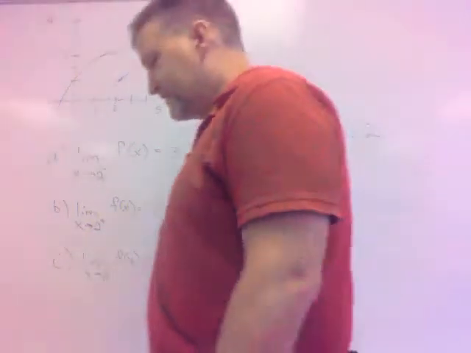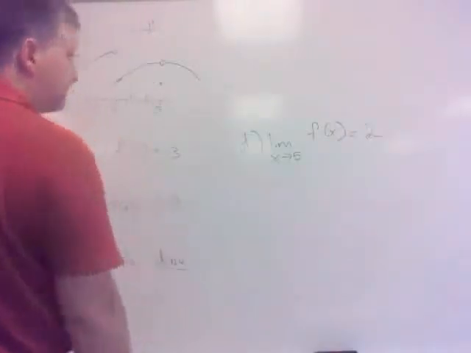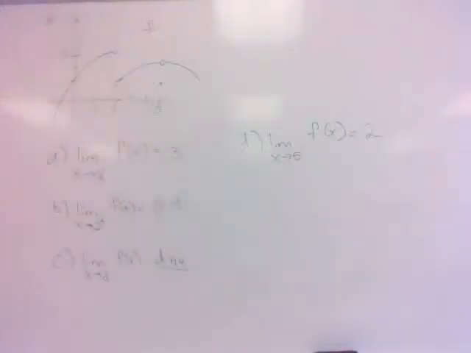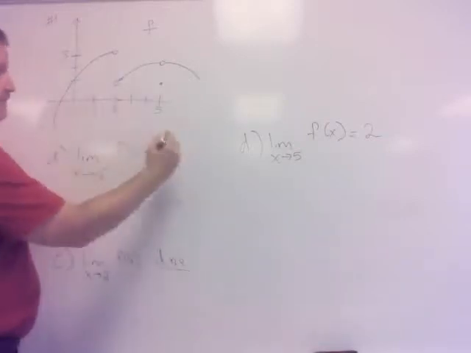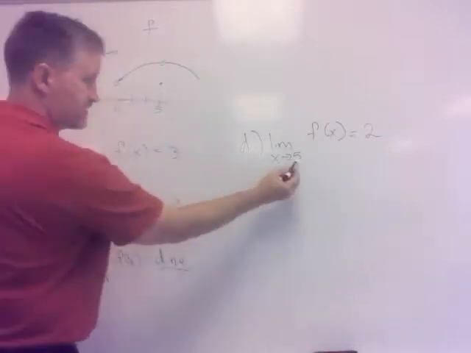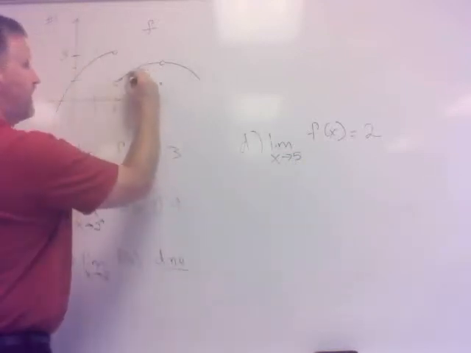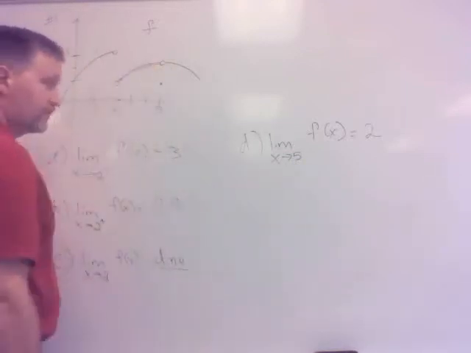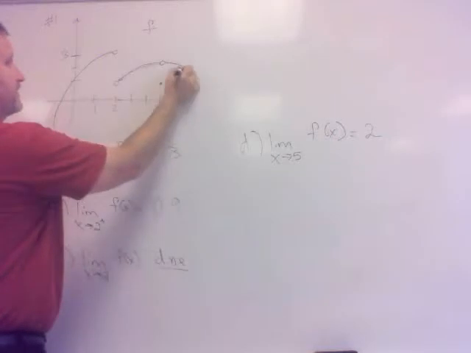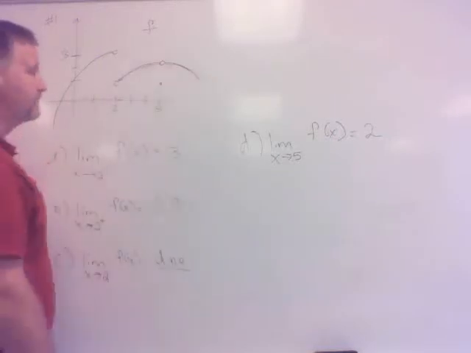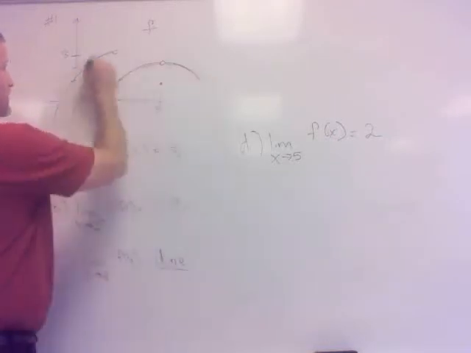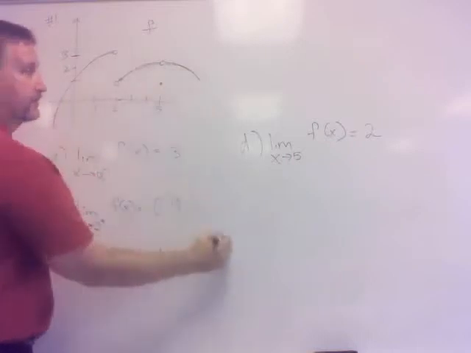Yeah, the limit as x approaches 5 of this function is 2, and that's because as you approach 5 from either side, and this doesn't specify side, so you have to look at both sides. As you approach 5 from the right and 5 from the left, the graph comes in like this, coming in right here at 2.